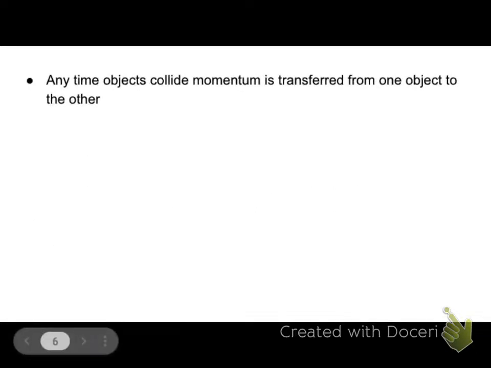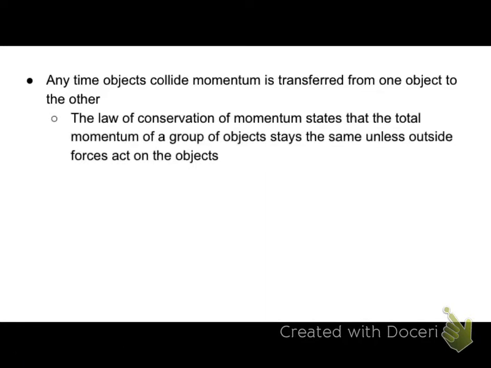Anytime that objects collide, momentum is transferred from one object to the next object. And that's because of the law of conservation of momentum, which states that the total momentum for a group of objects is going to stay the same unless outside forces act on it. Okay, so you're not going to suddenly change the momentum of the group of objects. It's just going to be passed from object to object.